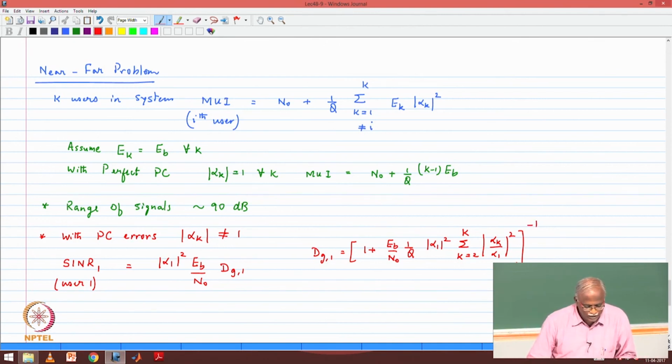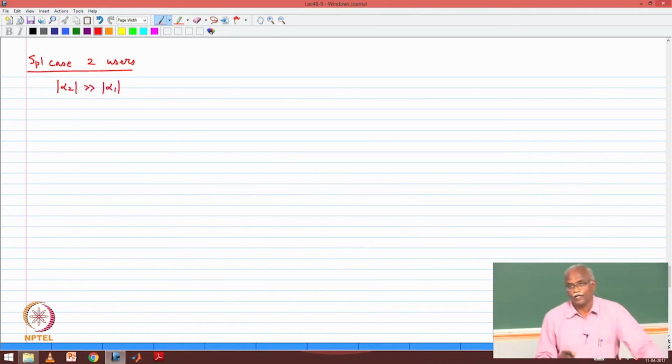Now, the key step is how we interpret and understand this. Let us take a simpler case; keep that equation in view, and please look at it in the following special case. I am going to look at a special case of 2 users, where alpha 2 is much larger than alpha 1.